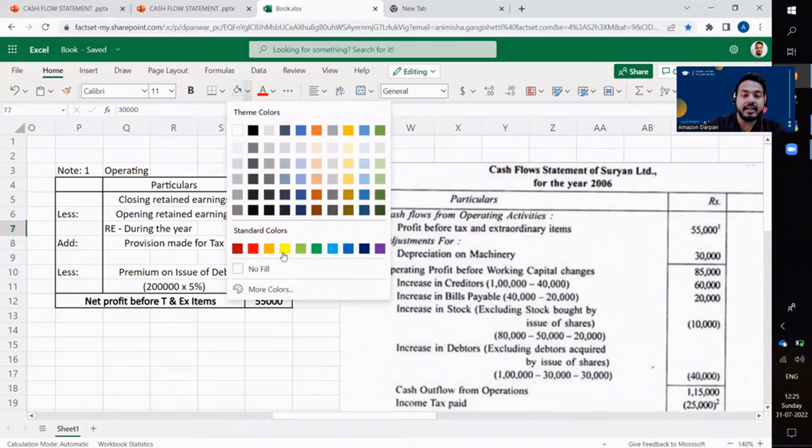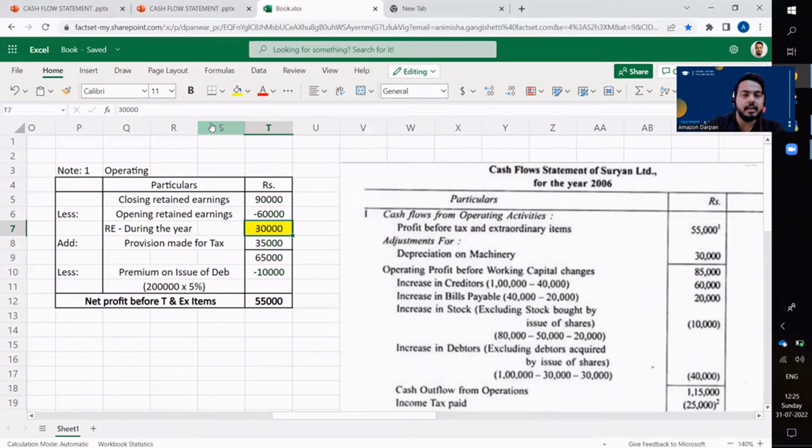Now, what we are attempting to do through this question is that from net profit we are backtracking and reaching the figure of cash flow from operating activities. So if we want to arrive at the actual figure of cash flows, then we have to reverse all the entries which we did.